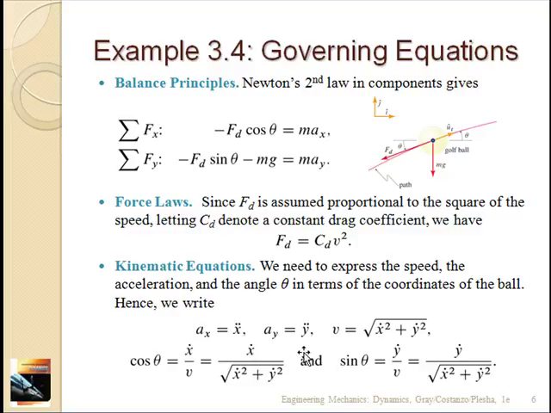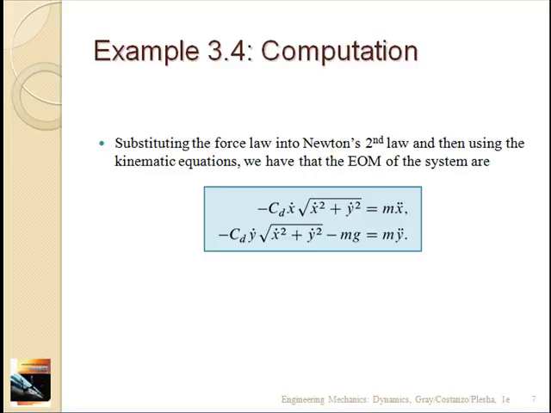So this lets us take these equations, and instead of having them in terms of theta, have them in terms of x dot and y dot. So we do those substitutions, and we get these two equations of motion. m x double dot can be written as minus C_D times x dot times the speed, and y double dot looks similar.